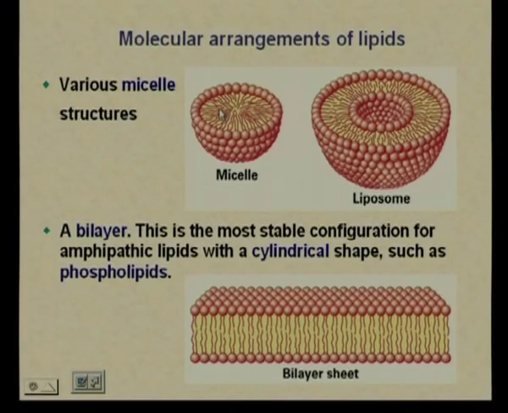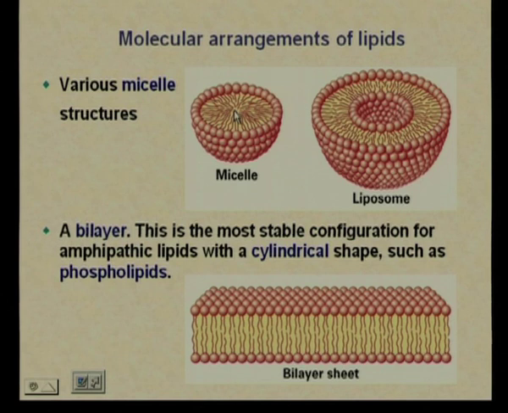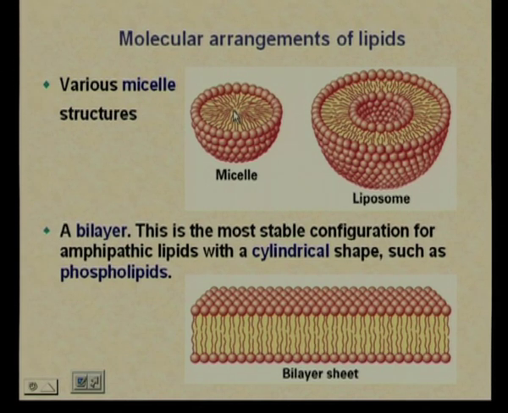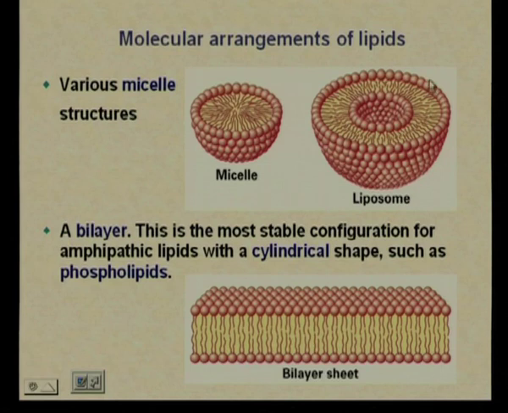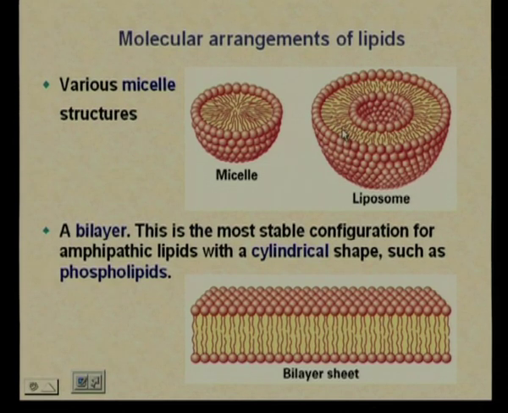Why? Because it has a hydrophobic core, and it would be possible to transfer a hydrophobic component, but if it happened to be a polar part, it would be difficult to do so. So, we have the formation of liposomes.